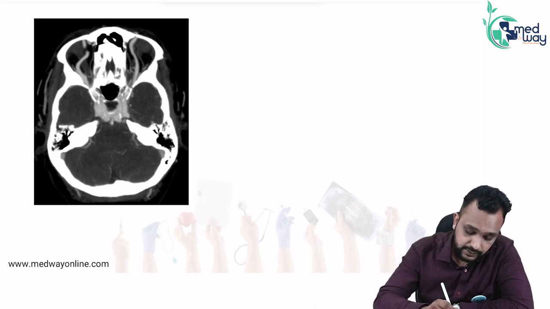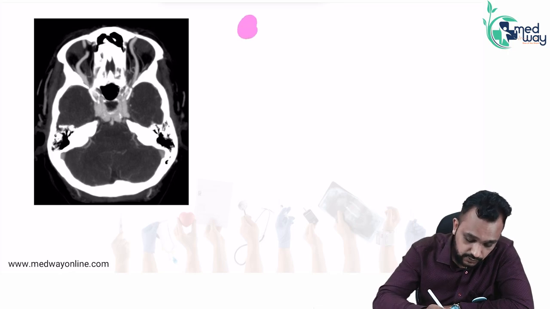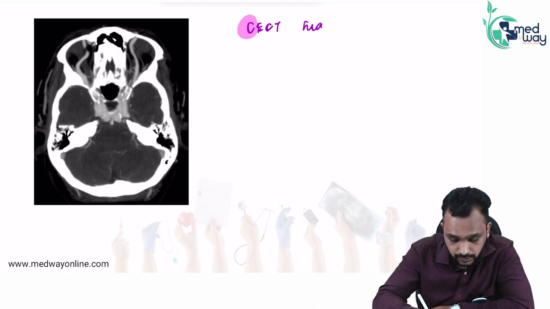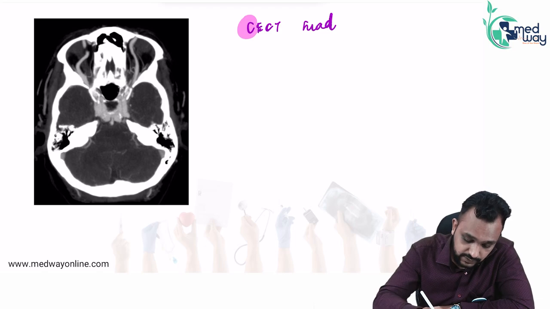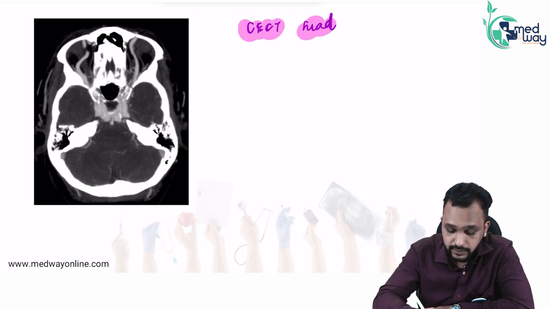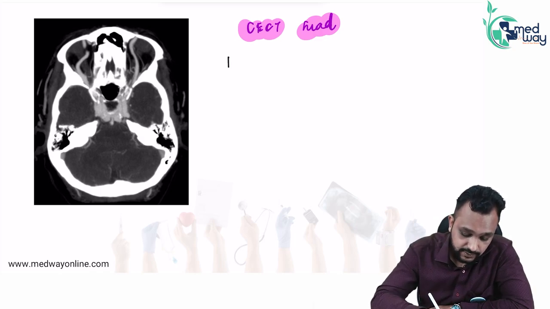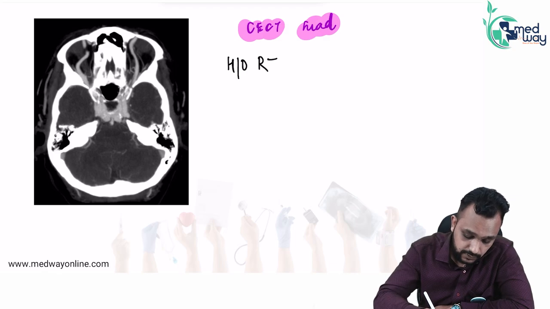Now this is another CT shown to you. And what are you able to see on this CT? Before discussing what you are able to see, I will tell you the clinical history. The patient has history of road traffic accident.